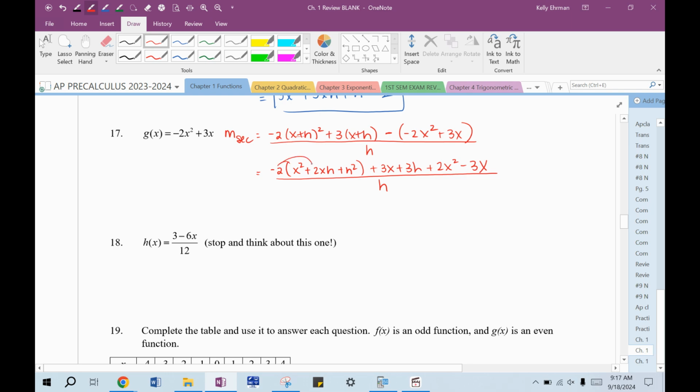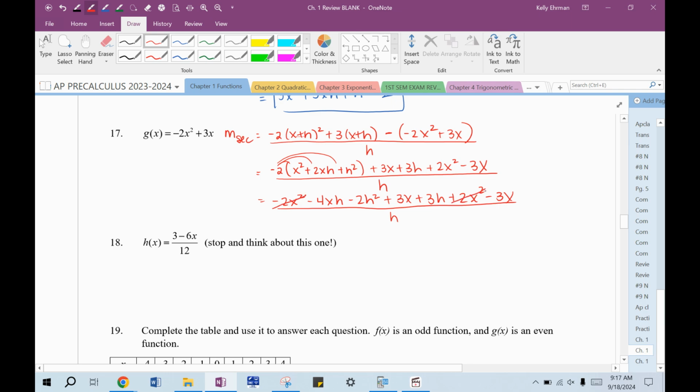Distribute the negative 2 through as well. Negative 2x squared minus 4xh minus 2h squared. Then I'm just copying all these terms down. All of this is still over h. Okay, now non-h terms cancel.